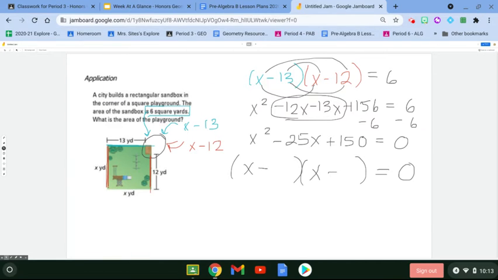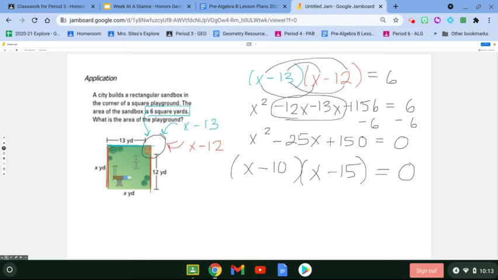I can start listing combinations, but the combination that would work is 10 with 15. Because if I multiply negative 10 times negative 15, I get positive 150, but if I add those two numbers together, I get negative 25.